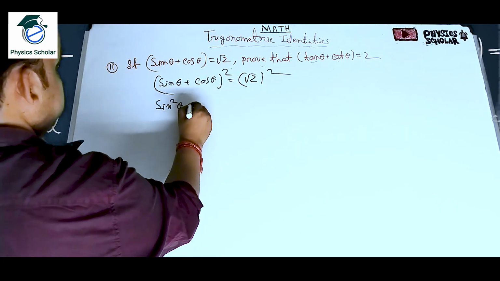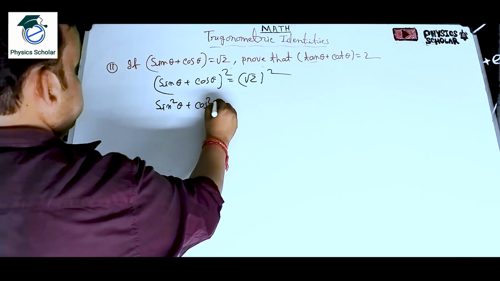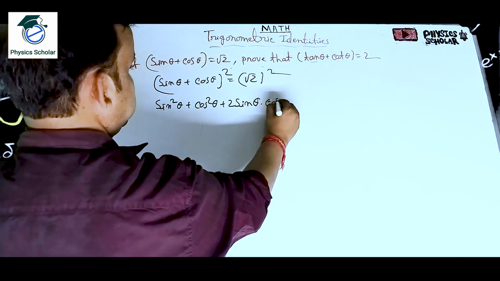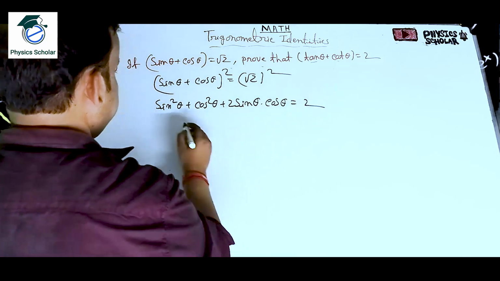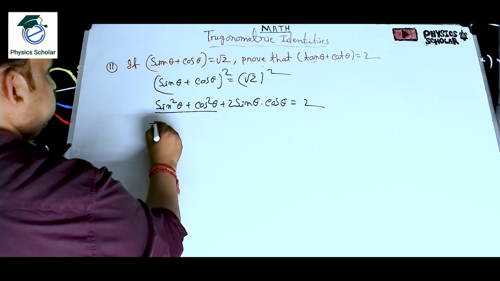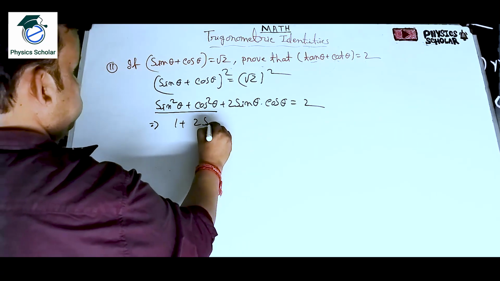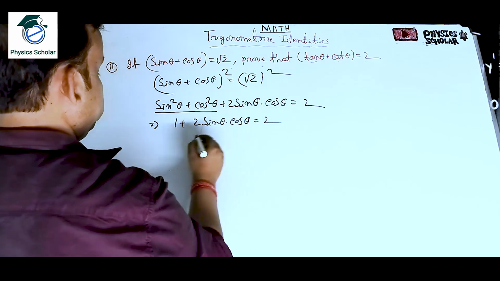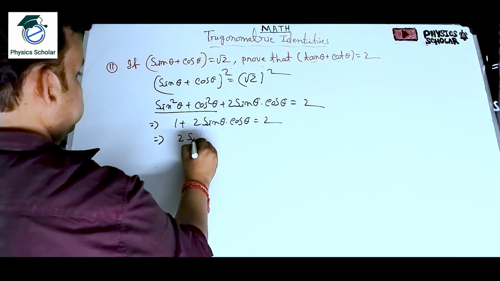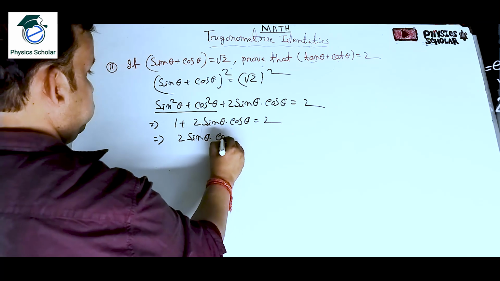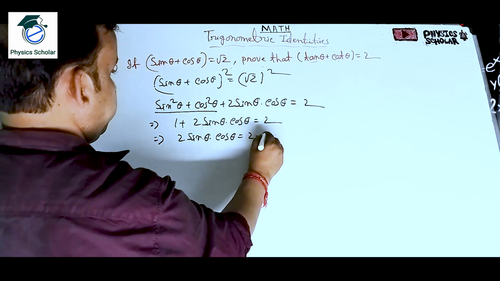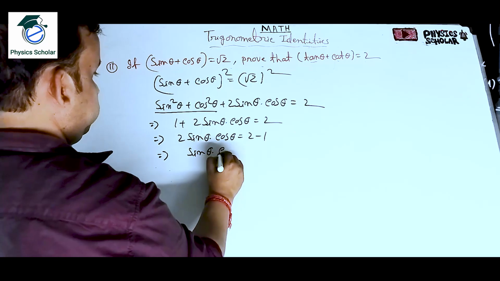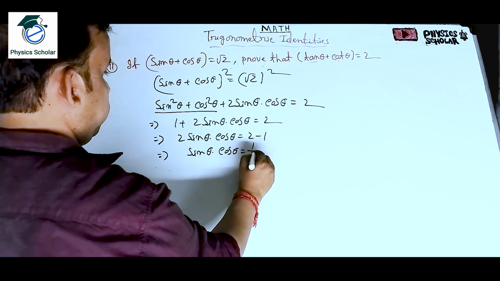Sin square theta plus cos square theta plus 2 sin theta into cos theta is equal to 2. This value is 1. So 1 plus 2 sin theta cos theta is equal to 2. Therefore 2 sin theta cos theta is equal to 2 minus 1. Therefore sin theta cos theta is equal to 1 by 2.